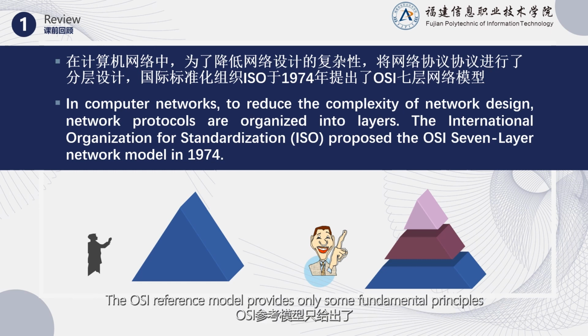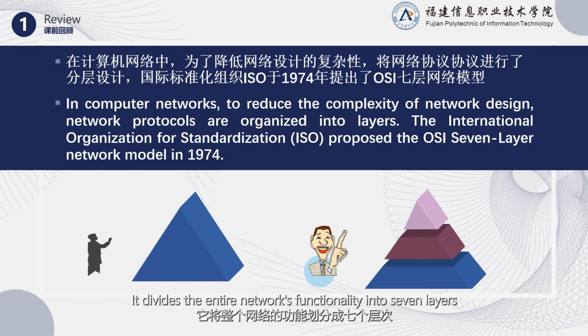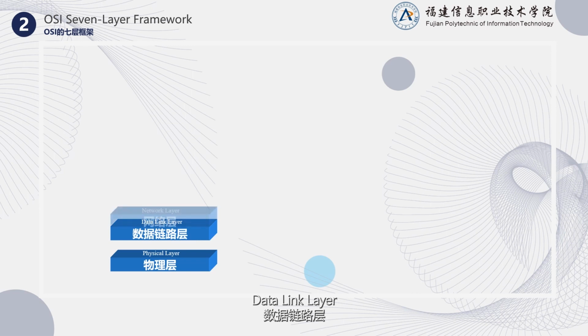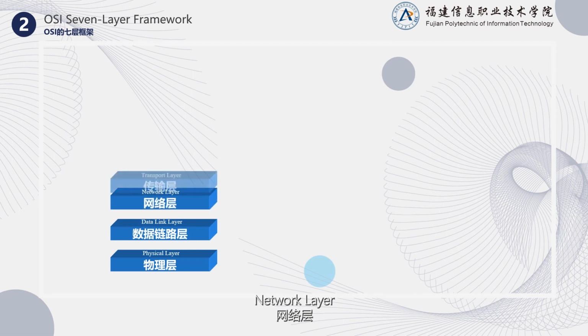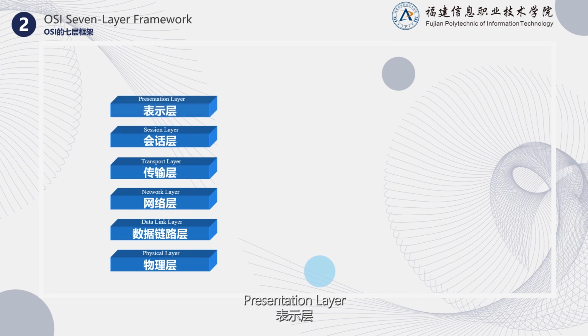The OSI reference model provides only some fundamental principles for computer network systems and is not a specific network implementation. It divides the entire network's functionality into 7 layers, from bottom to top, including physical layer, data link layer, network layer, transport layer, session layer, presentation layer, and application layer.